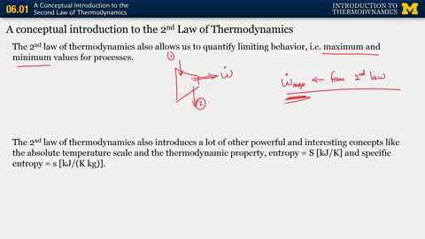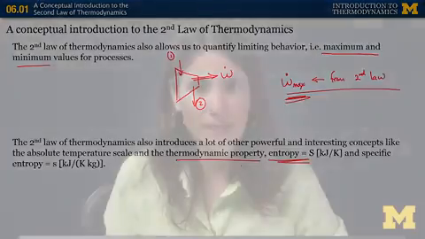Okay, so what else are we going to take from the second law of thermodynamics? There are lots and lots of other concepts that come from the second law, and that includes another conservation principle. That conservation principle is based on entropy and entropy generation. Entropy is a thermodynamic property, and again, it's an outcome of the second law when we write it in a mathematical expression.